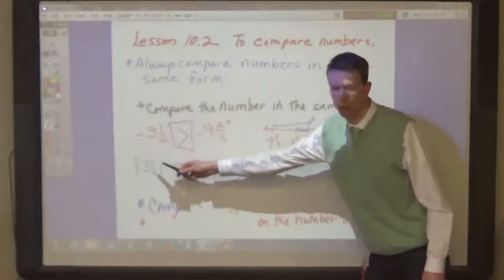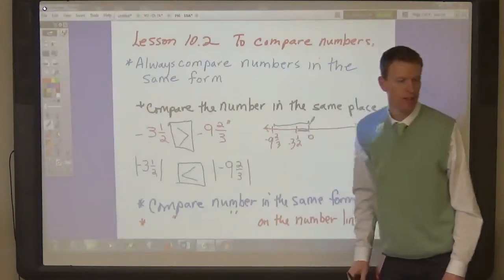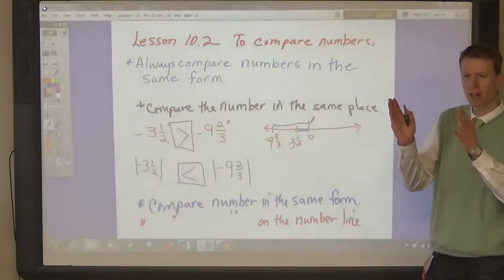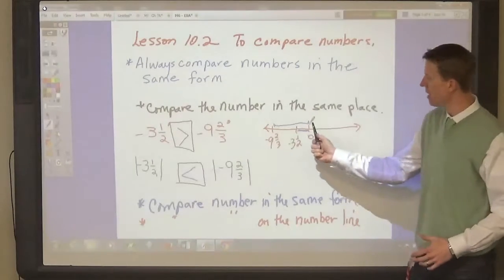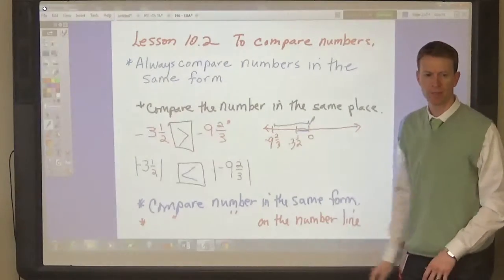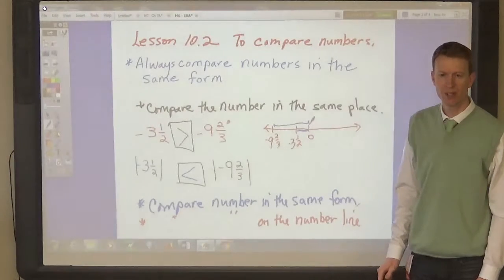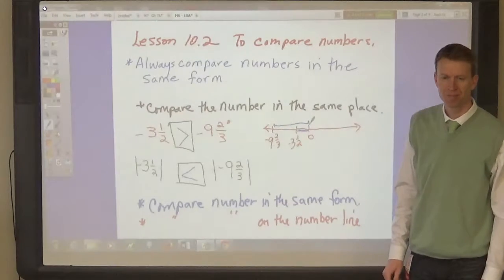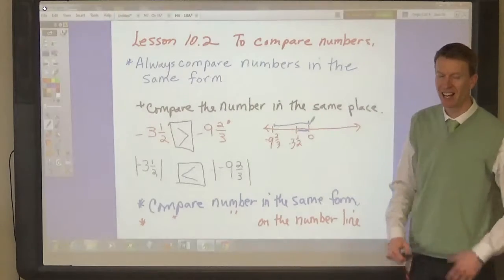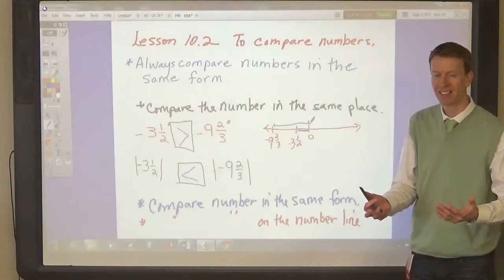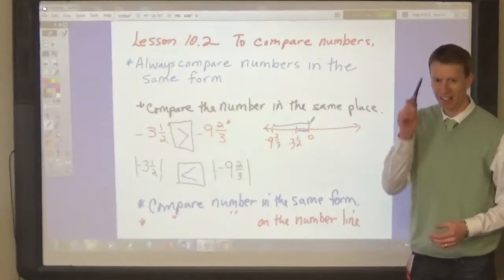Remember that absolute value is always positive. Okay, so if you're comparing the absolute value to something, you're comparing the distance or the positive amount. All right, it makes it positive. What does it do, Andrew? What did I just say? It makes it positive. Makes it positive, okay?